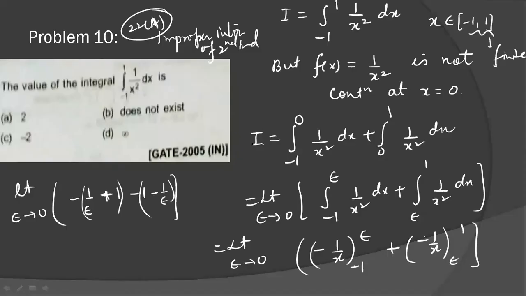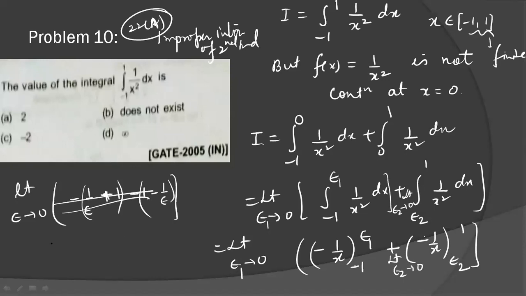here we have to see carefully, as x is less than 0 here. So we have to take minus epsilon, or use two epsilons, epsilon 1 and epsilon 2. So it will be epsilon 1 here, and here it will be limit epsilon 2 tending to 0.